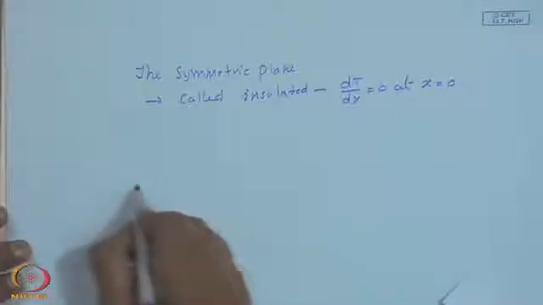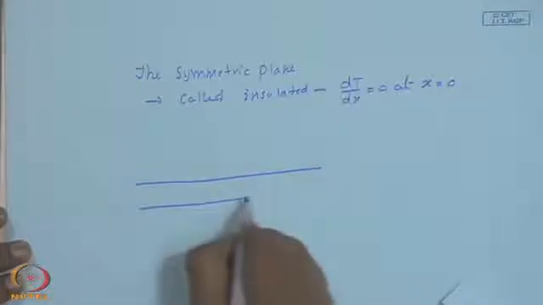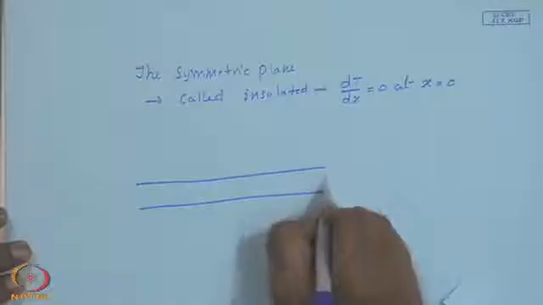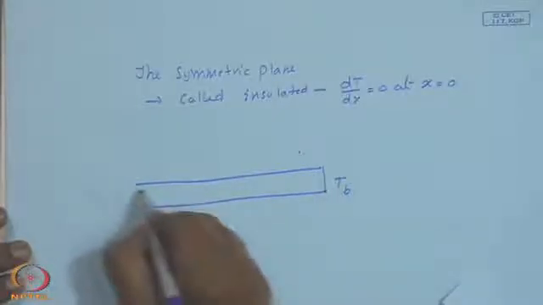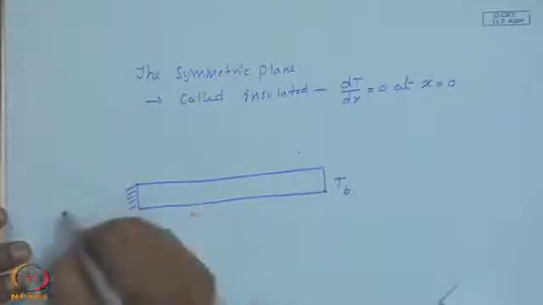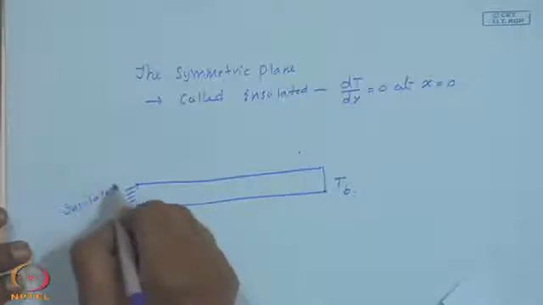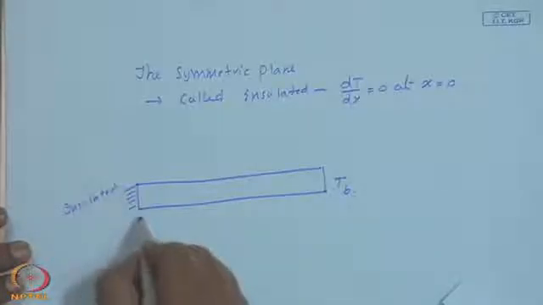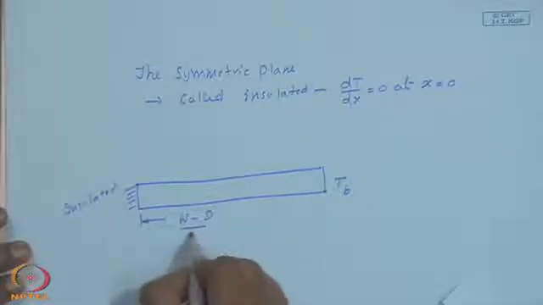So, if I just forget about the tube part, this is my base temperature T b, this is the insulated portion, or dT/dx equal to 0, and this is my W minus D by 2.